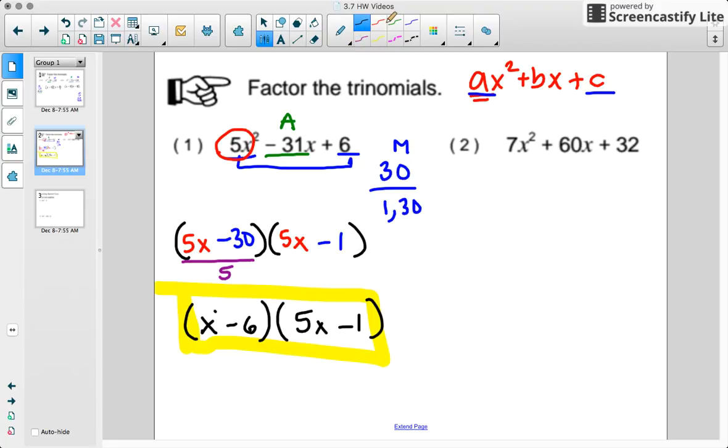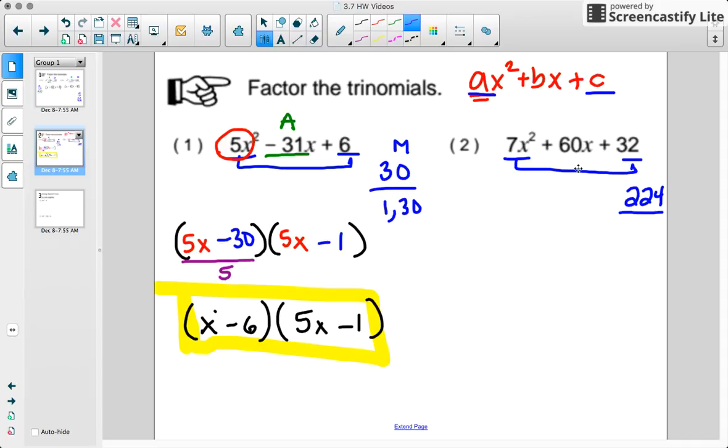Okay, so a few extra steps are involved when we're doing this. All right, so let's look again. We're going to do 7 times 32, which is 224. I'm going to think about what times what will give me 60, how will I get 60 using 224?